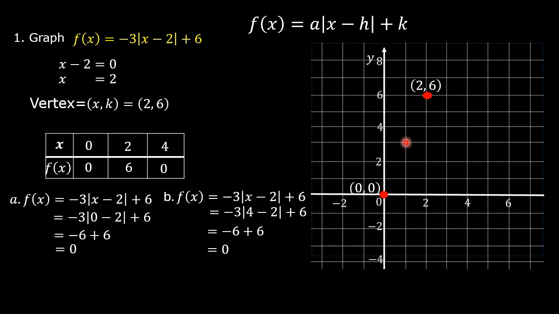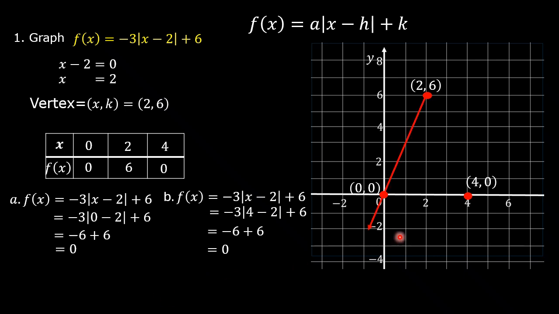2, 6, it is already plotted on the coordinate plane. And this is the point 4, comma 0. And then we draw a ray from the vertex through point 0, 0.